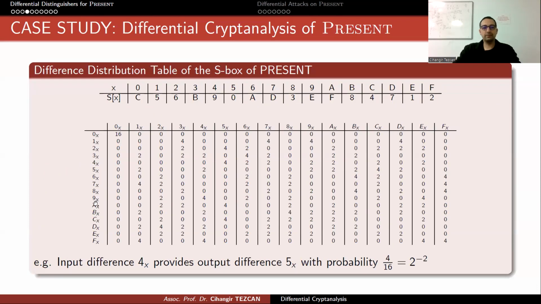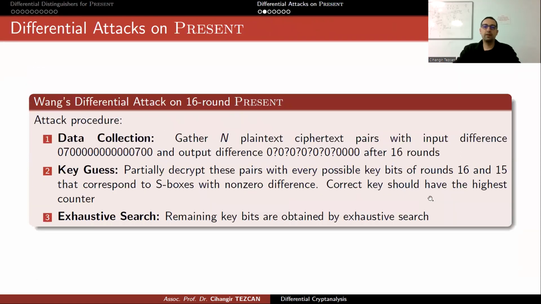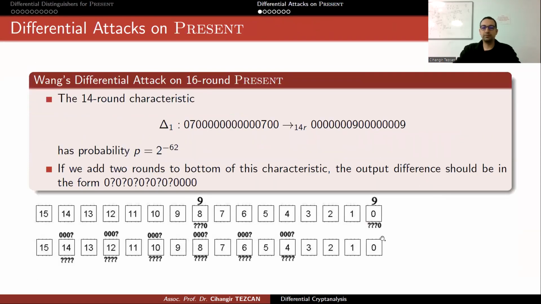Let's look at 9. As you can see, you observe some output differences with some probabilities. But the thing you need to realize is that all of these output differences are even: 2, 4, 6, 8, and so on. This is why you don't have any output difference here. But still, for instance, this 0 goes to here.